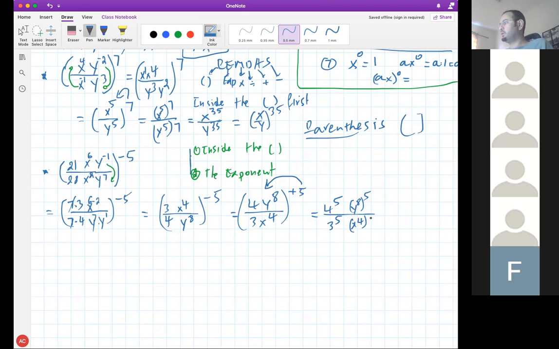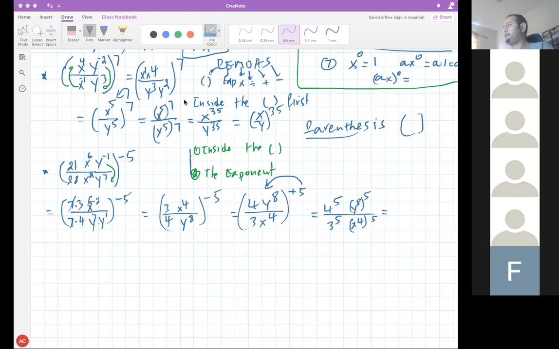Okay, we just again distribute that power to everything inside the parentheses. Then you try to simplify these. What is 4 to the 5th? 20 times 20 times 5. 20 times 20, 4,000 times 5 is what? 20,000 or something like that.